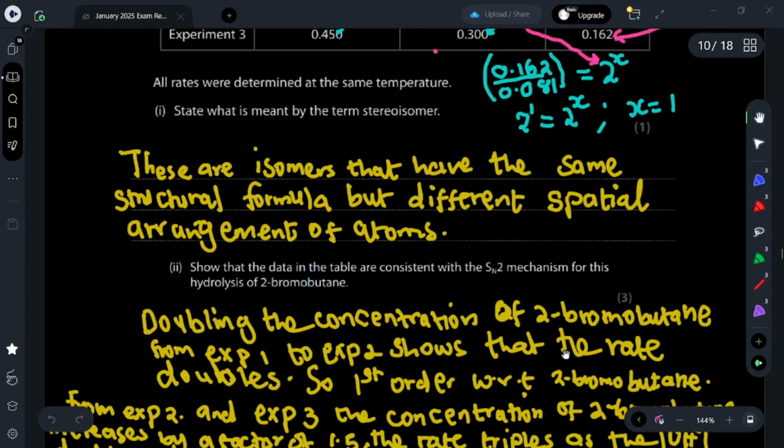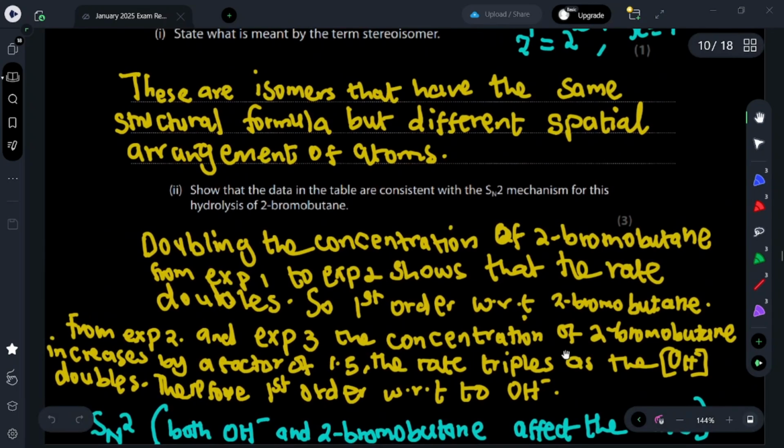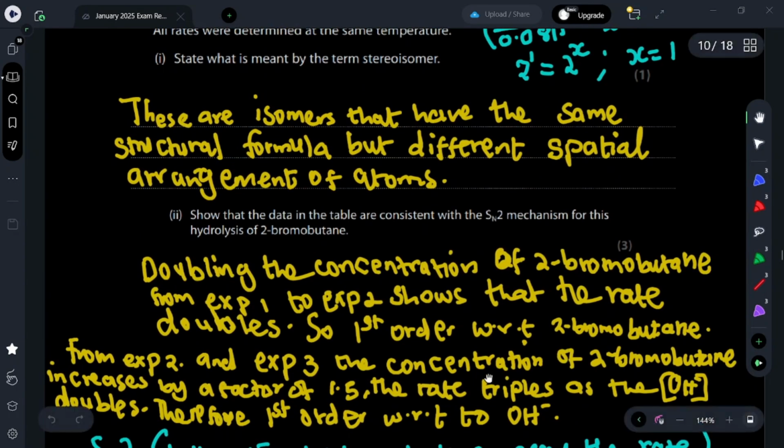If you look at experiments 1 and 2, we can see that doubling the concentration of 2-bromobutane, the rate also doubles.